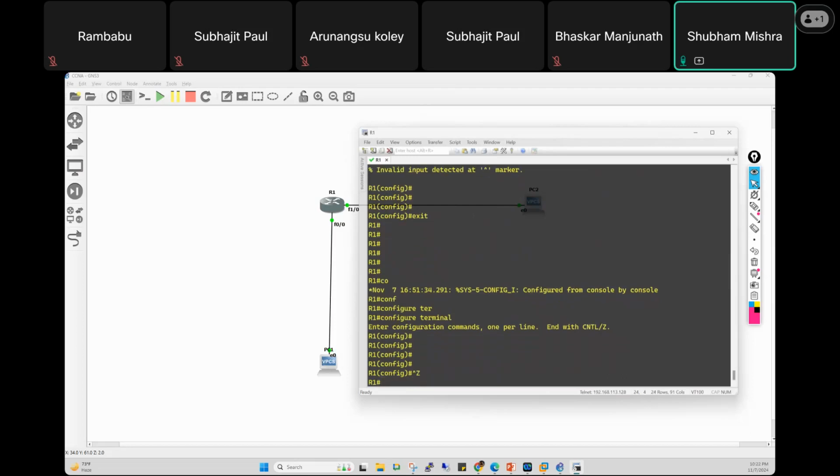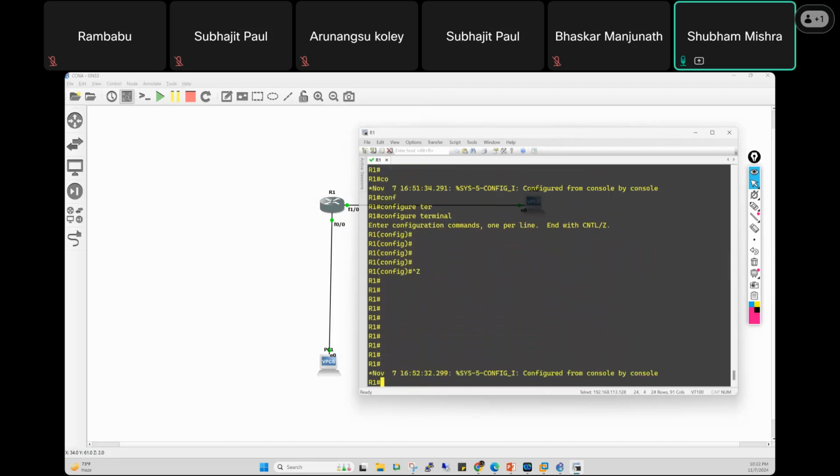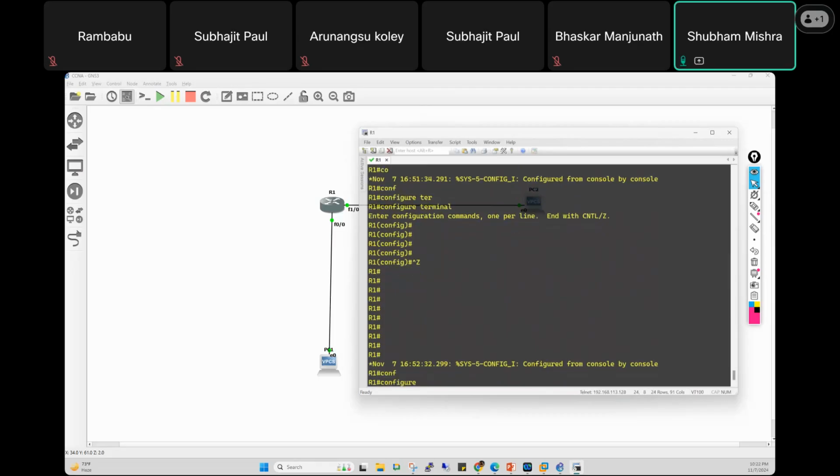For example, if I am in privilege mode and I only know conf, and I don't know whether it is configure or configuration, I write conf and press the tab button. Now I understand, no, that is not configuration, that is configure.